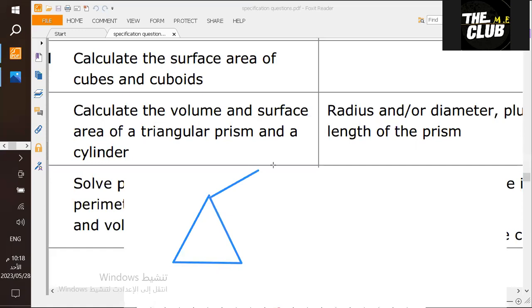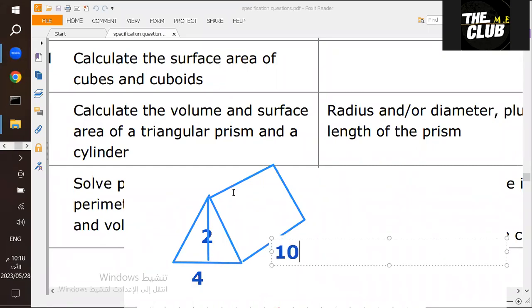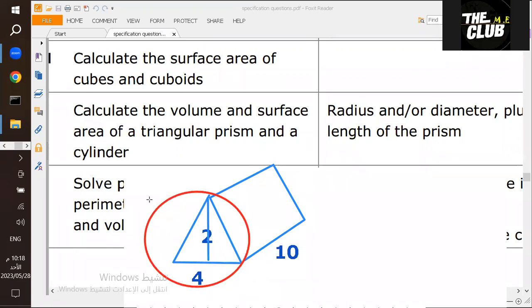For example, this is a triangular prism, right? Let's say this is 4, the height is 2, and this one is 10, for example. You're supposed to find the area of the cross section. What's the cross section of the shape? Like the first face. Yeah, this is the cross section.